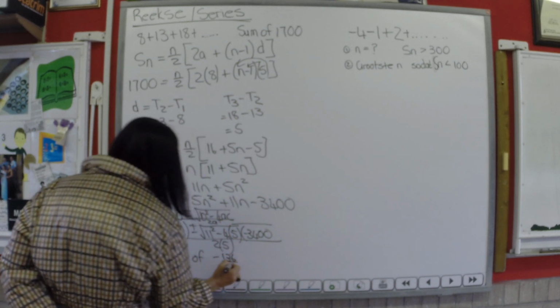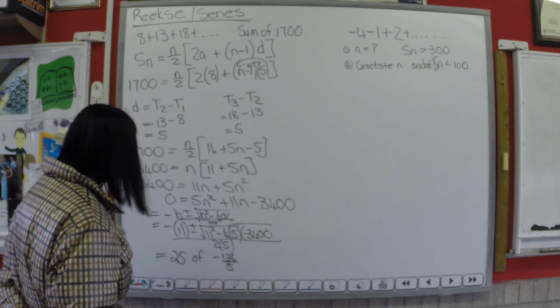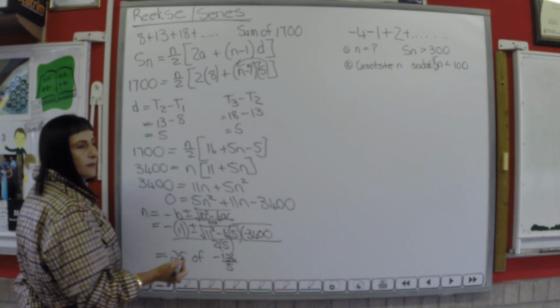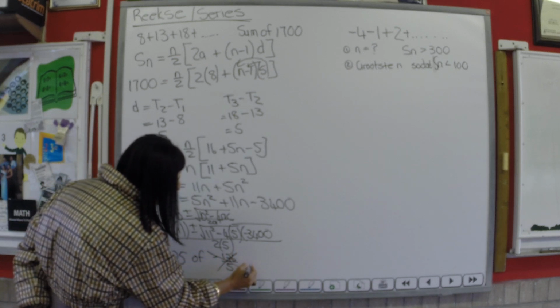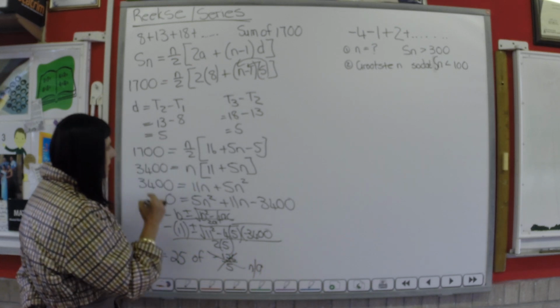So now I know that a position can never ever be negative. Ek kan nie in die minus 27ste plek kom nie, so that's not applicable, that one.